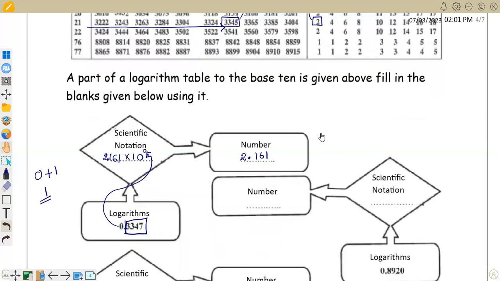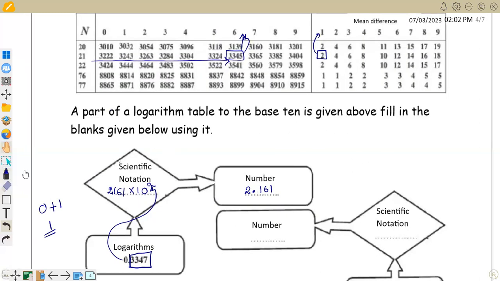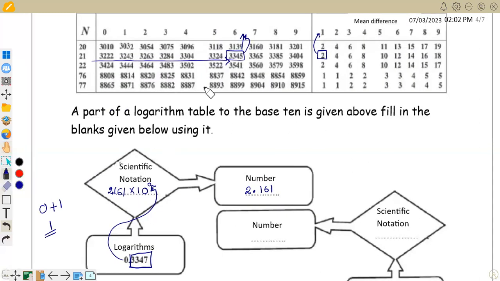Then logarithm 8920. We are at 8920. 8915 is located. It is in the 77, 9. 5 should be added. No, that means it is 9. Then write it in scientific notation, 10 to the power of 0.